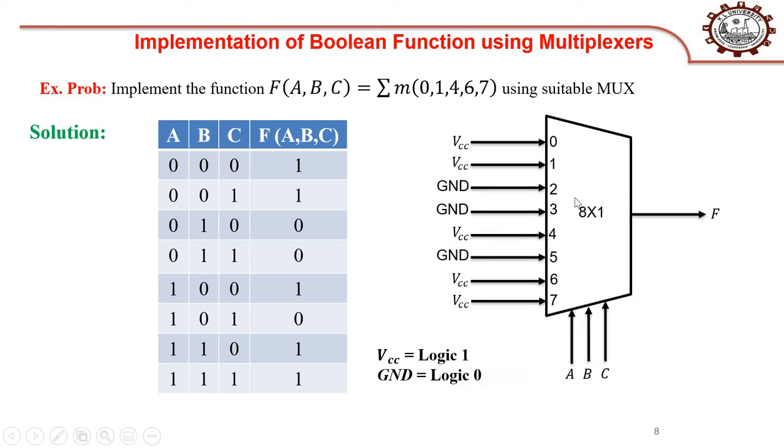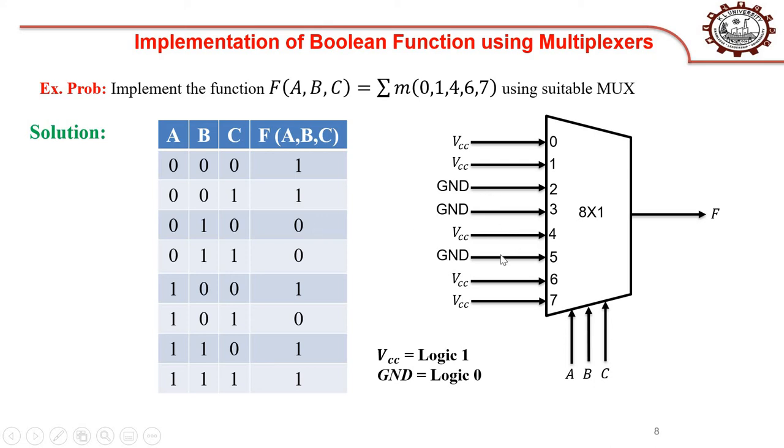So take an 8:1 multiplexer, and according to the numbers, the first input I am giving number 0, second input 1, third input 2, fourth input 3, like that I have given numbers. Just look at the expression: wherever numbers are given in this expression, connect those numbers to VCC. VCC means logic 1. Whatever numbers are missing here, already from the table you can see number 2, number 3, number 5, connect to ground, because the output for those cases is 0.